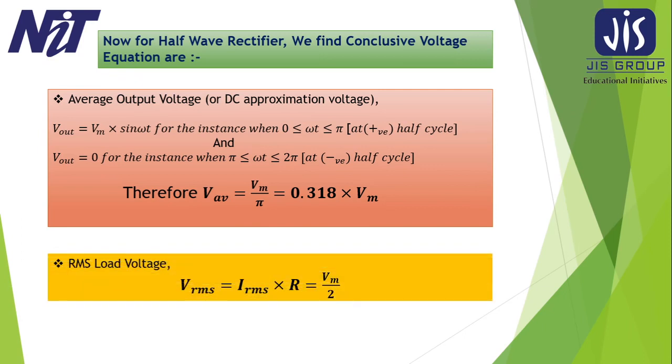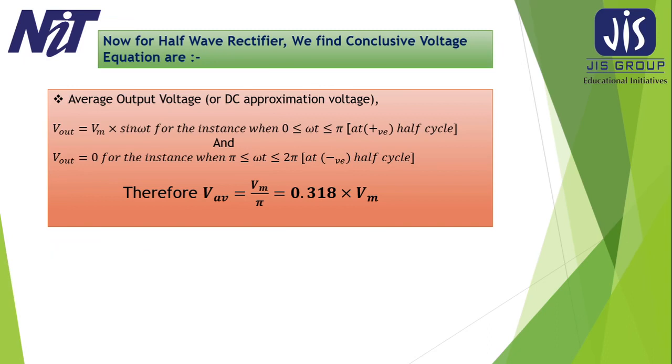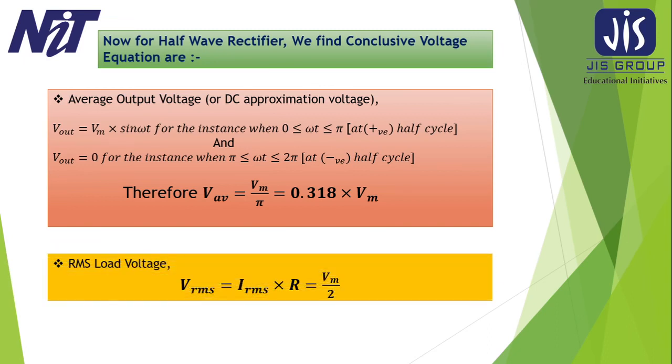We also obtain the RMS load voltage, Vrms equals Irms into R, equals Vm by 2.